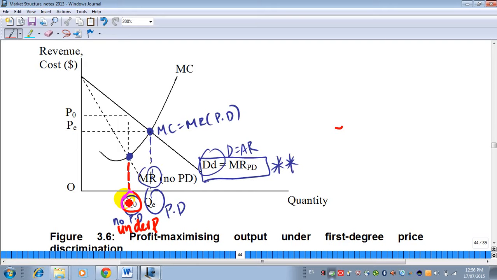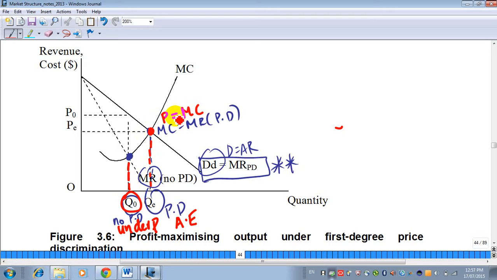When there is price discrimination, at QE, there will be allocative efficiency. And I'm going to prove it to you right now. At QE, you go up, you hit the MC curve, and you would notice that P equals MC. At QE, you hit the demand curve, you get the P. At QE, you hit the MC curve, you get the MC.